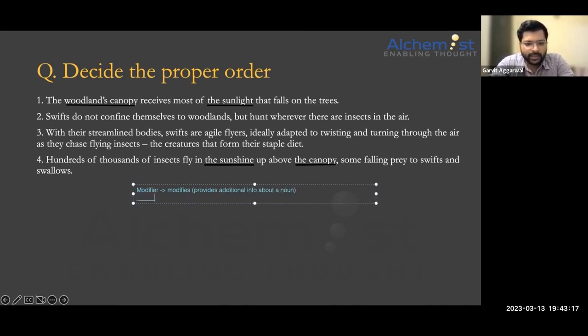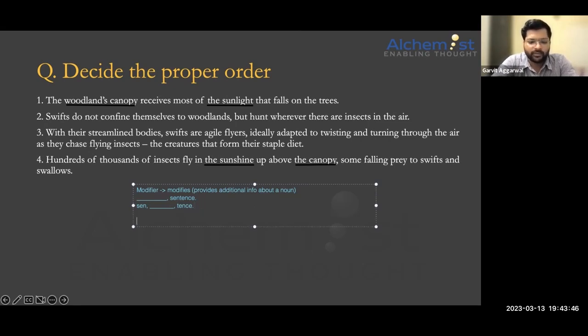It generally appears like this: either between two commas or before the comma, after the sentence, before the sentence. ठीक है? And its objective is only to provide additional information about the noun.